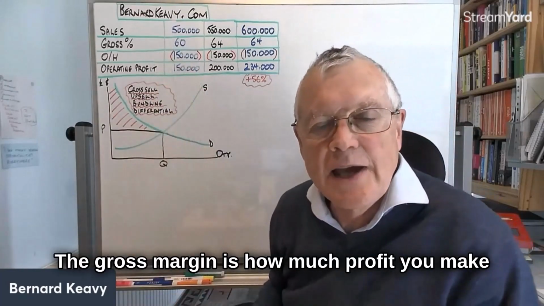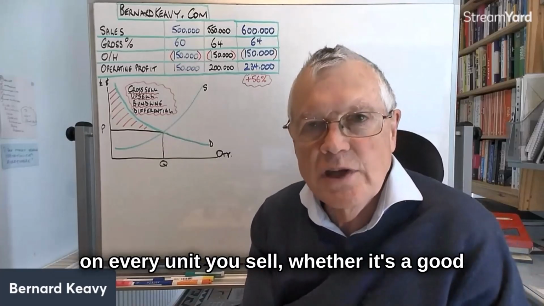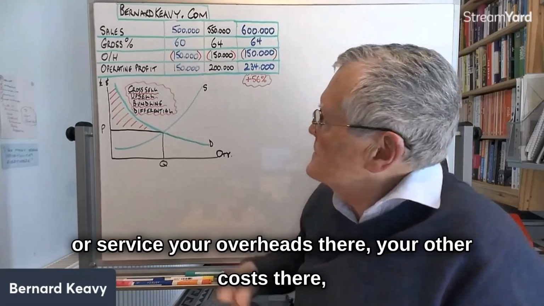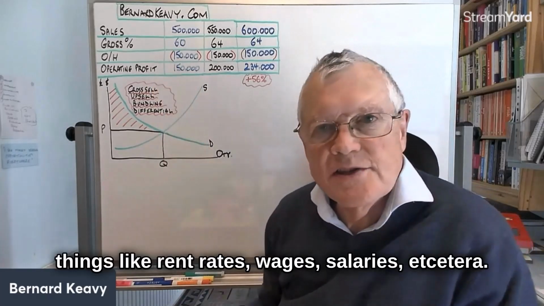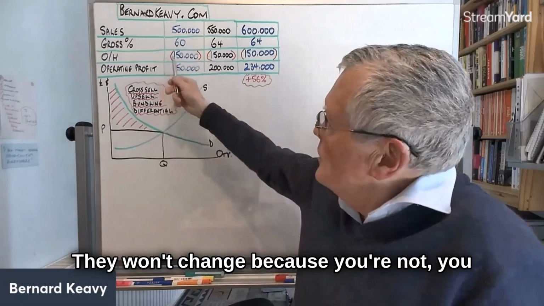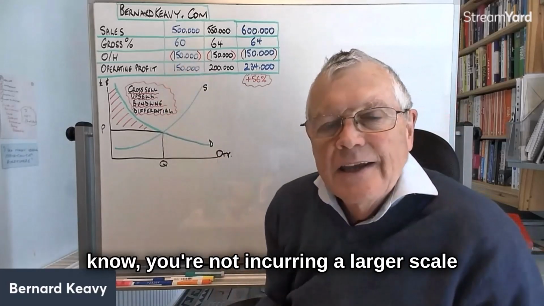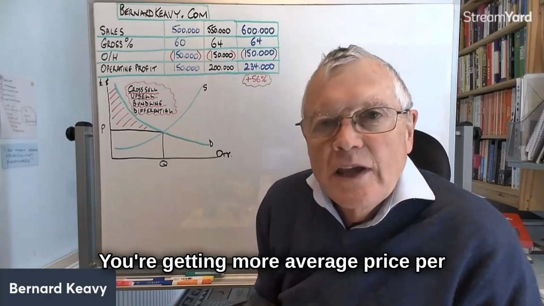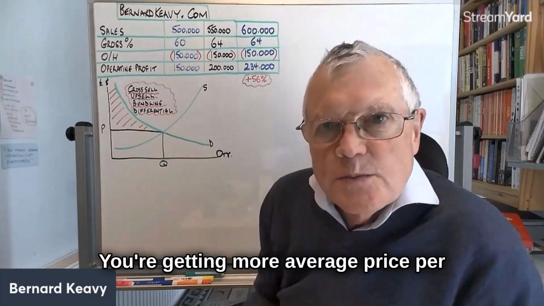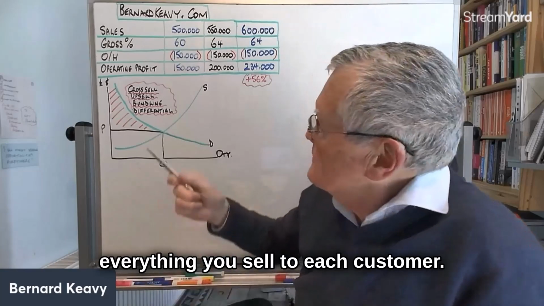The gross margin is how much profit you make on every unit you sell, whether it's a good or service. Your overheads, your other costs, are things like rent, rates, wages, salaries, etc. They won't change because you're not incurring a larger scale of operation. You're just getting a higher average price from each customer.